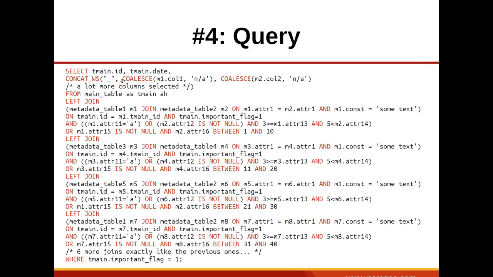So we are left joining the main table to metadata table 1, which is joined with metadata table 2 on some attributes and with some filtering conditions. And we have metadata tables 3 and 4, which is practically almost the same. We have metadata tables 5 and 6. This part is practically almost the same as the previous, but we have a lot of metadata tables, and we have where main table that important flag equals 1.